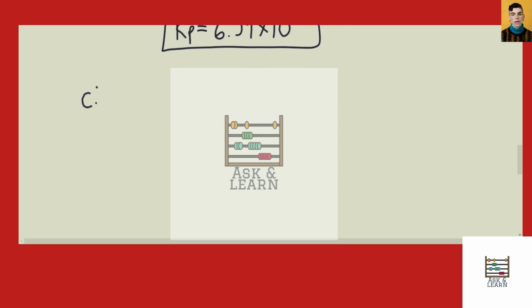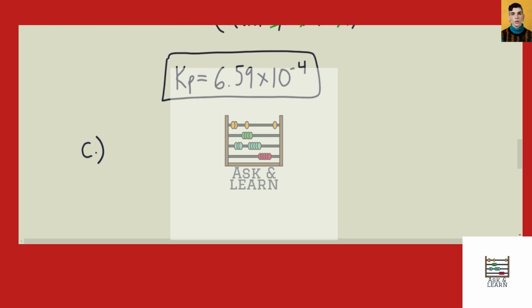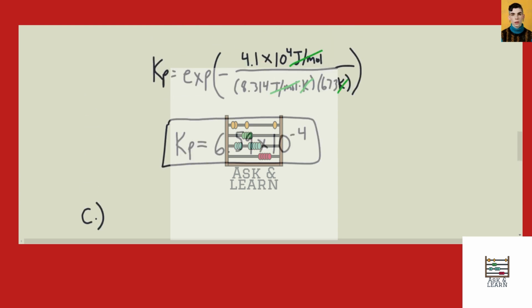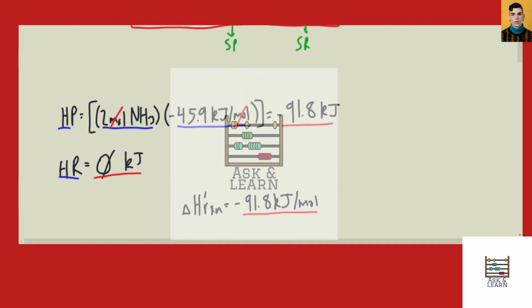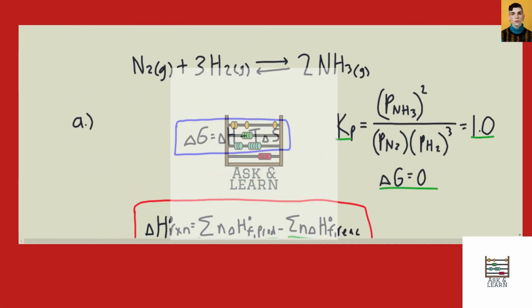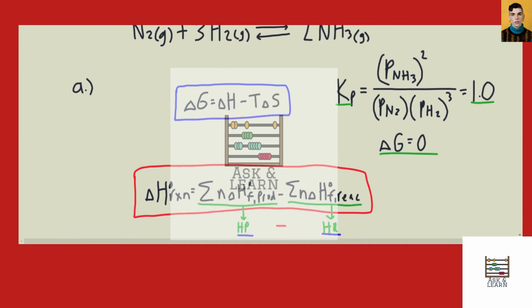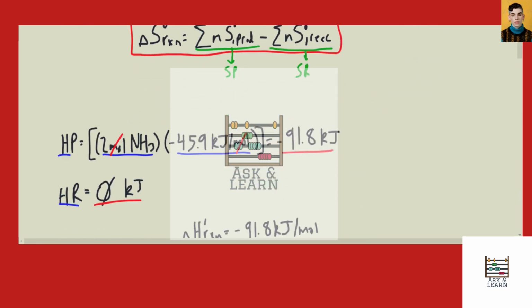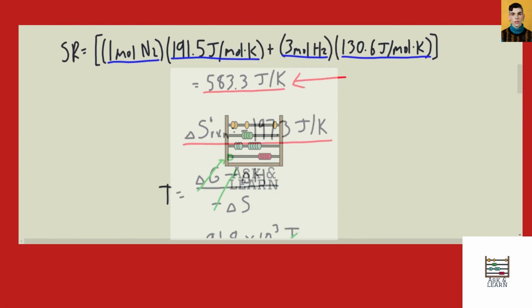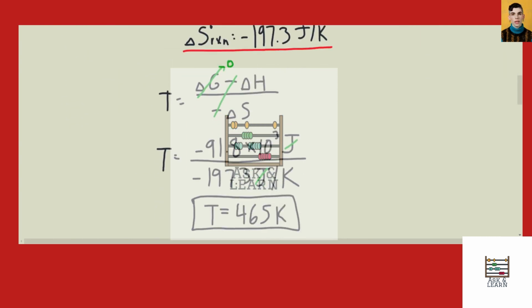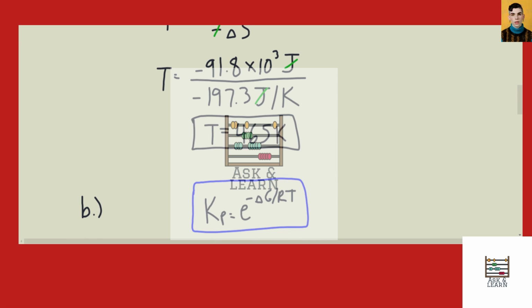And in part C, we are told that when this process is run in industry, it is usually done at higher temperatures. And we want to explain why that is. If we go back to what we did in part A, we calculated the temperature at which this reaction is at equilibrium, and we saw that that was 465 Kelvin.